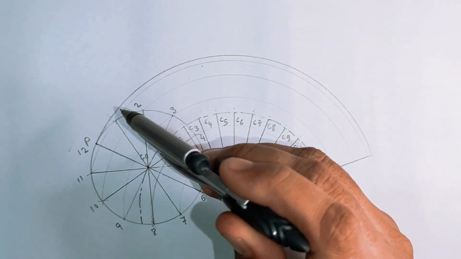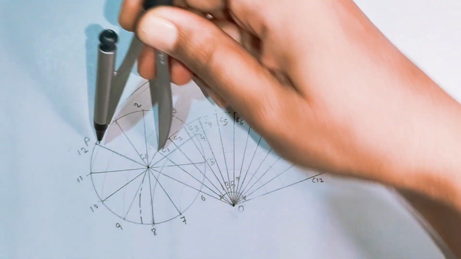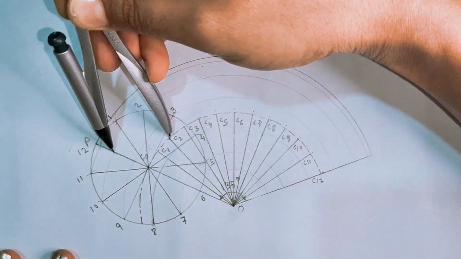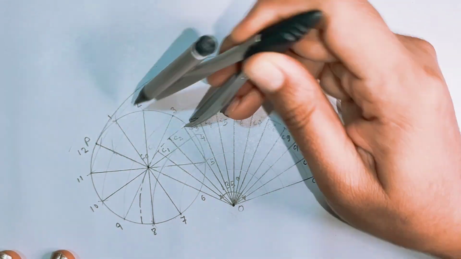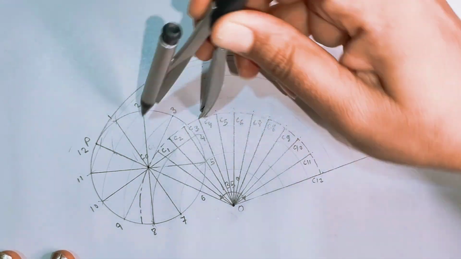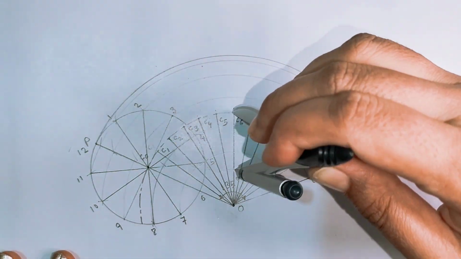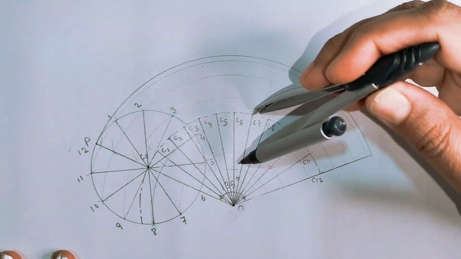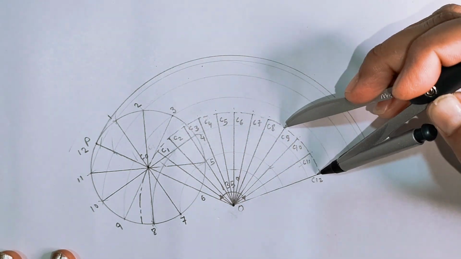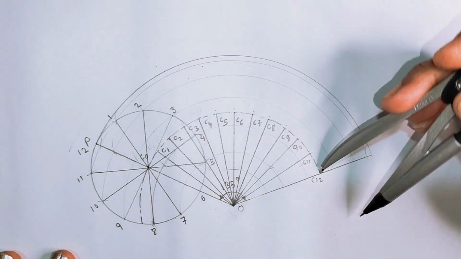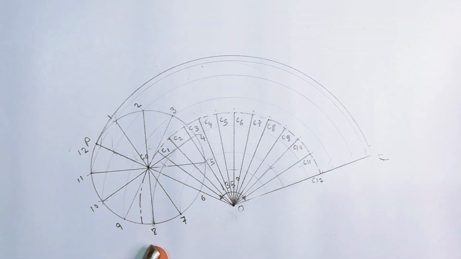Now, make sure you take a radius equal to 30 mm in your compass. Place the metal point on C1 and intersect the arc which comes from point 1. Again place the metal point on C2 and intersect the arc which comes from point 2, and repeat the same procedure up to C12.